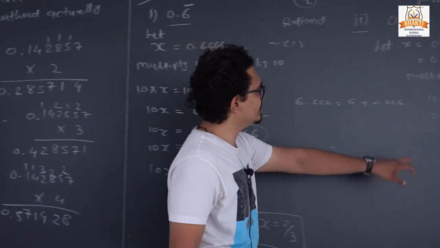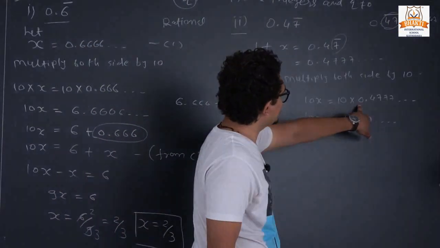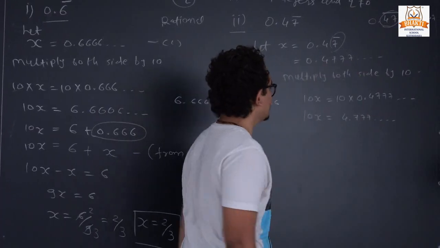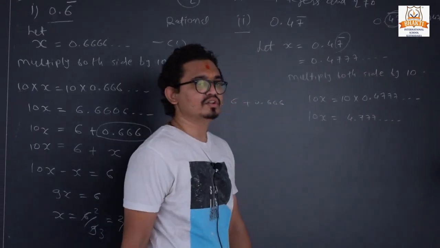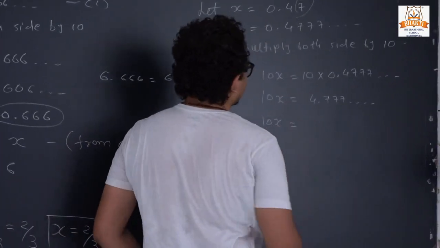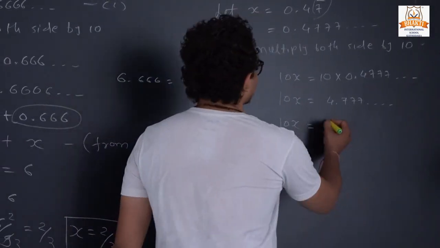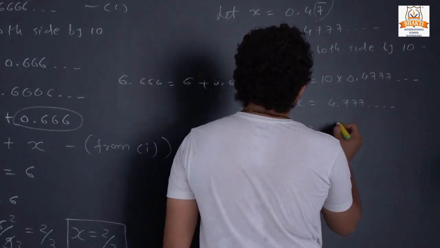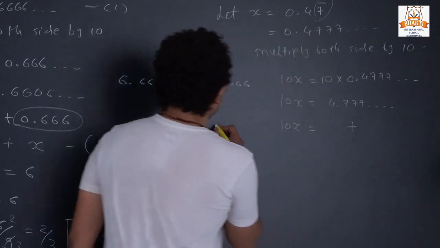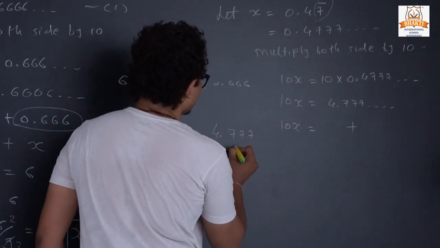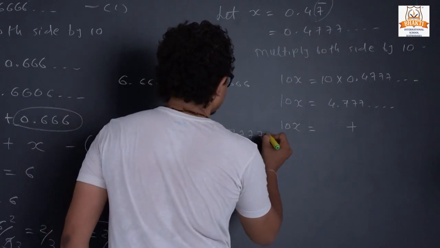If we want to convert the digit into that form, 0.4777, what can we do here? For that, for 10x, we can subtract 0.477 from 4.777.